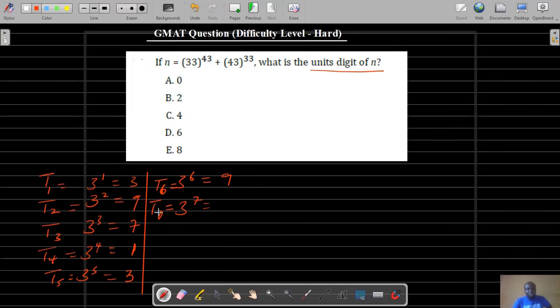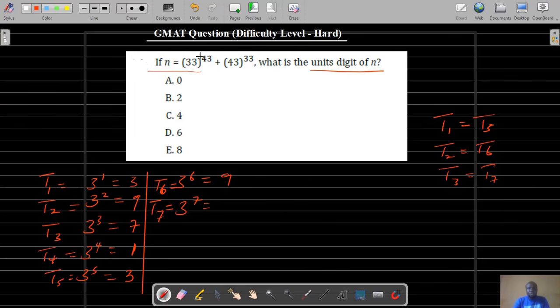We can see that the pattern begins to repeat itself after the fourth term. T1 has the same unit value as T5. T2 has the same unit value as T6. And so it goes, T3 has the same unit value as T7. After every fourth term, the pattern repeats itself.